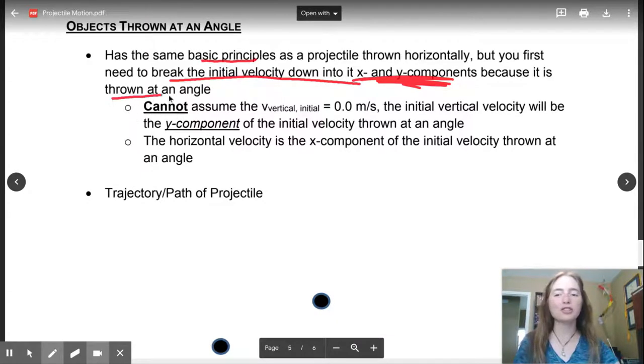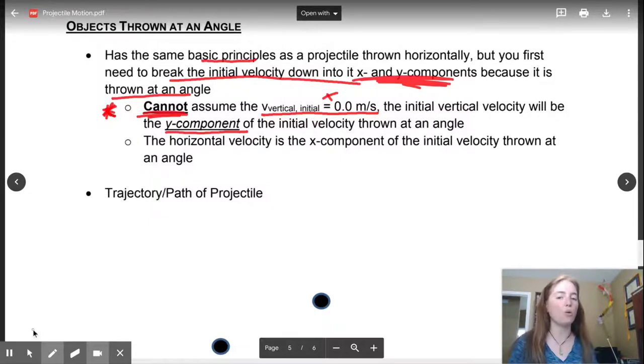Because it's thrown at an angle, we need to break it into an X and Y. So what I want you to do is highlight this here. You cannot assume that your V on the vertical, your Vy initial, is 0. It's not going to be 0. It is going to be the Y component.